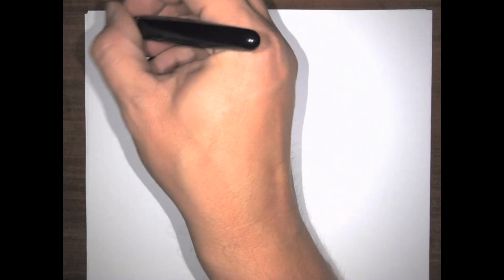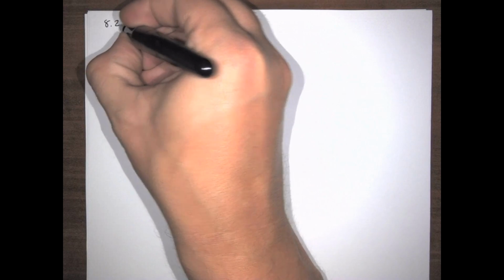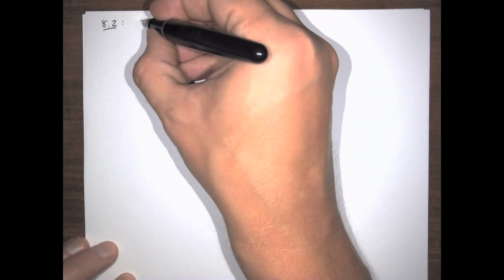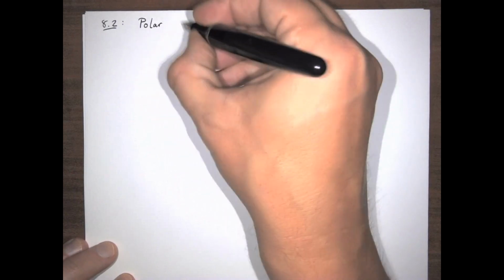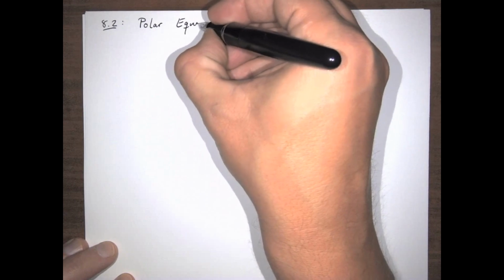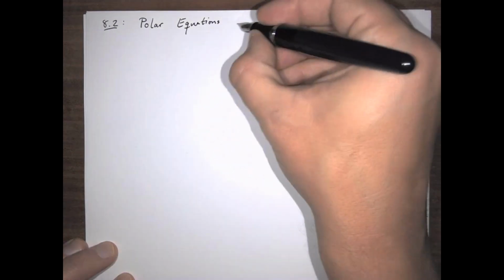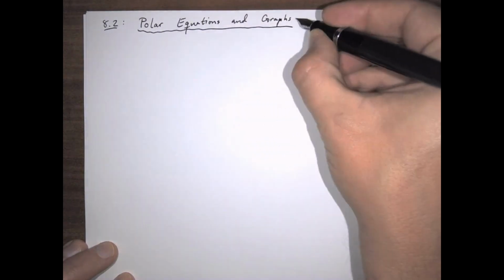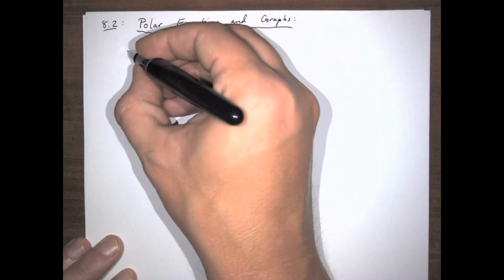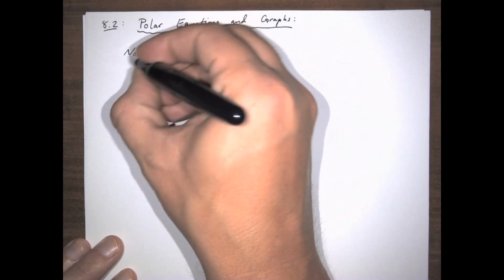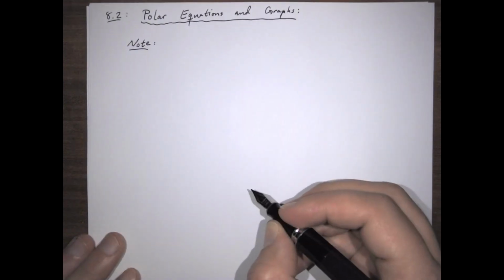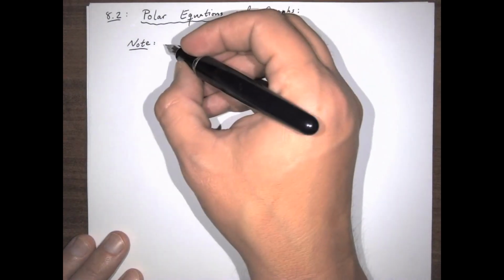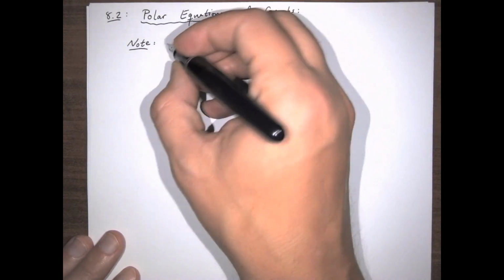Now the last thing we're going to talk about is section 8.2, in which we will briefly talk about the graphing of polar equations. So polar equations and graphs. So the basic thing to know here is that a polar equation can be graphed in a way that is kind of analogous to the way rectangular equations can be graphed.